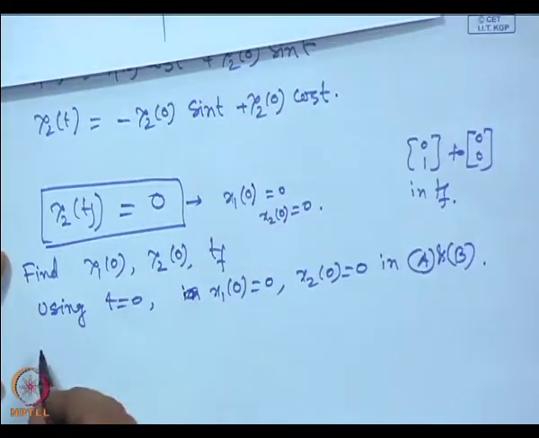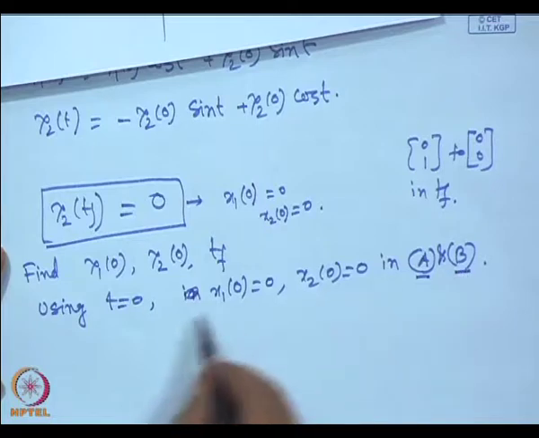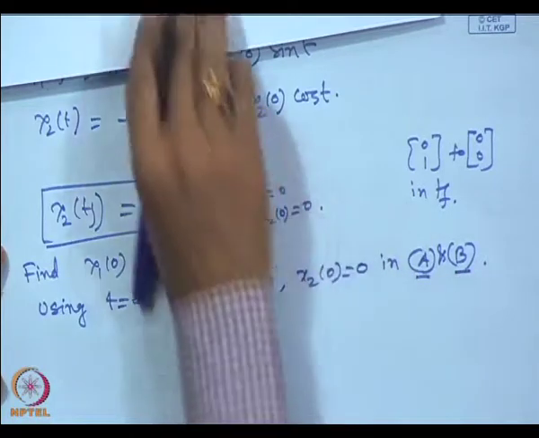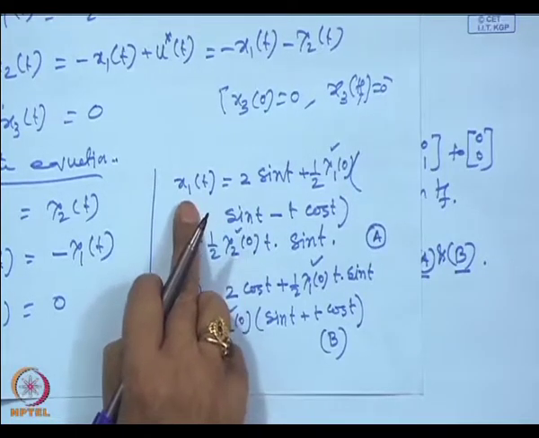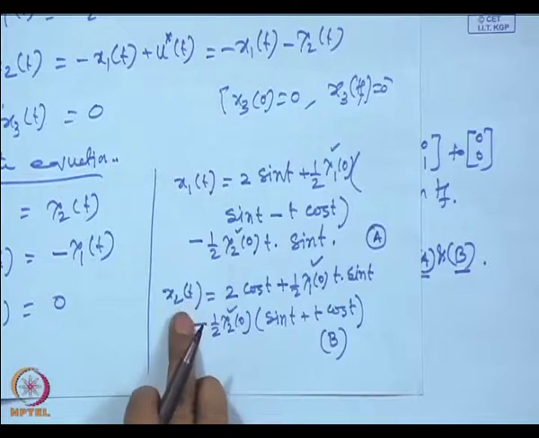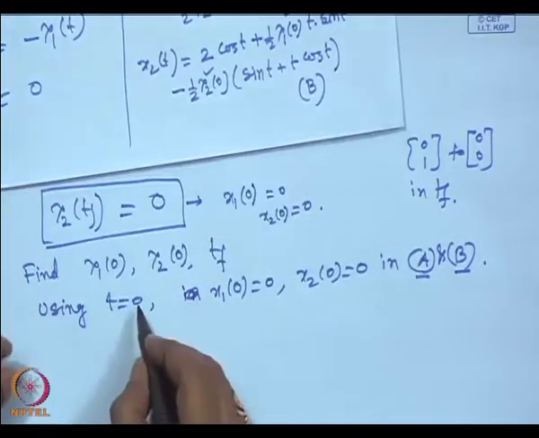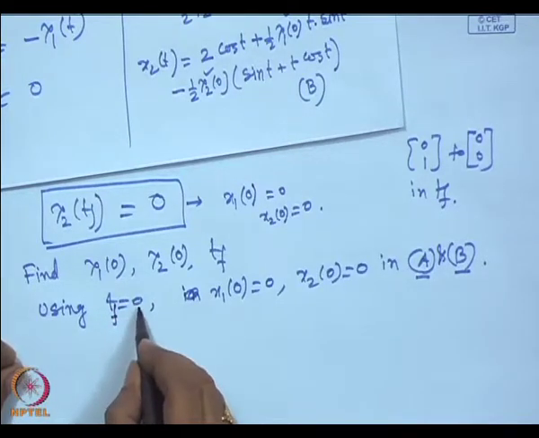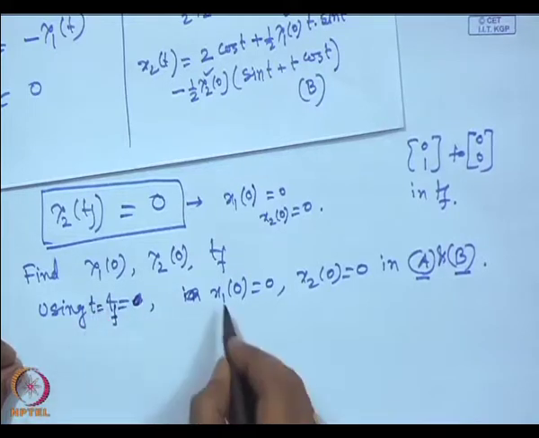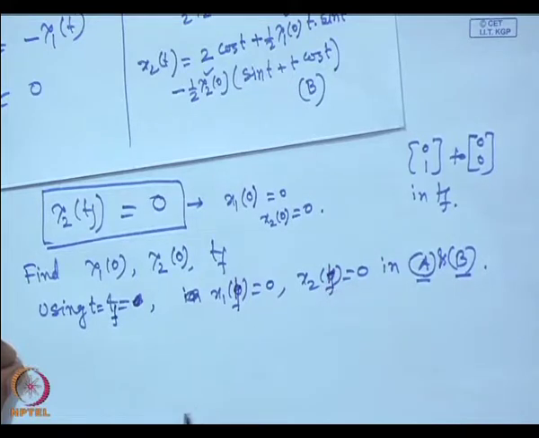So you put the values in A and B, where we know at t is equal to Tf, x1 of Tf is equal to 0 and x2 of Tf is also equal to 0.